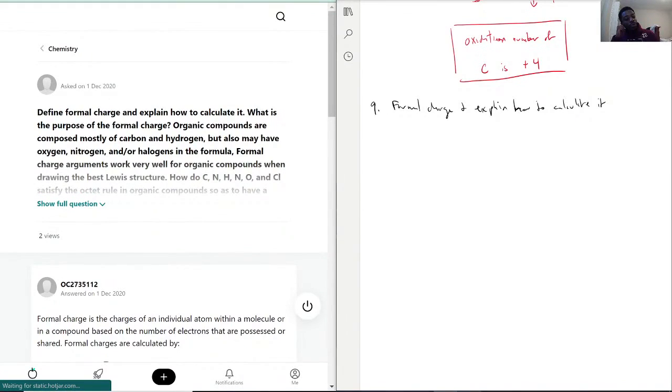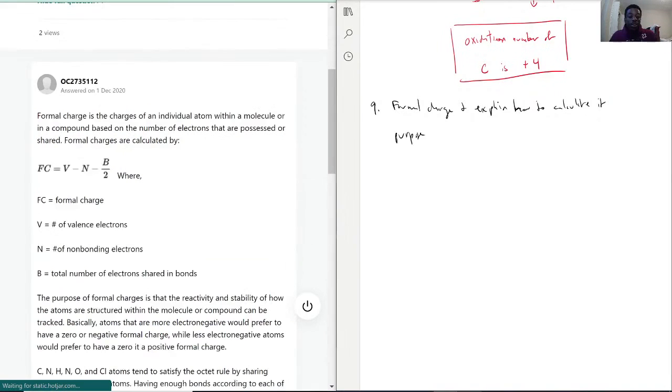With this being said, we're just going to refer to the answer here because they do a pretty good explanation of it. I'm just going to highlight key points here. Formal charge is a charge of an individual atom within a molecule or compound based on the electrons that it's holding or sharing. So everything has its own formal charge.